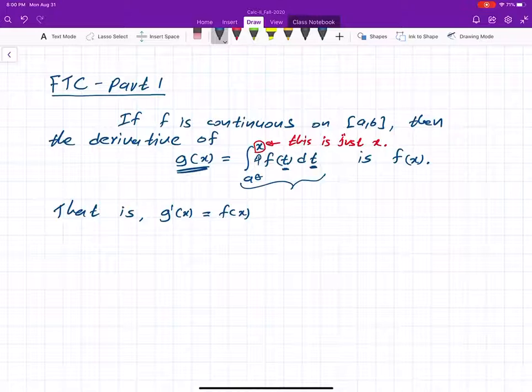Once you apply the upper and lower limit, the variable will vanish. So the right hand side does not have any t. The only variable in the right hand side is x. That's why I'm saying this is a function of x. g(x) is a function of x, because the right hand side will only have x after you have done the integration.